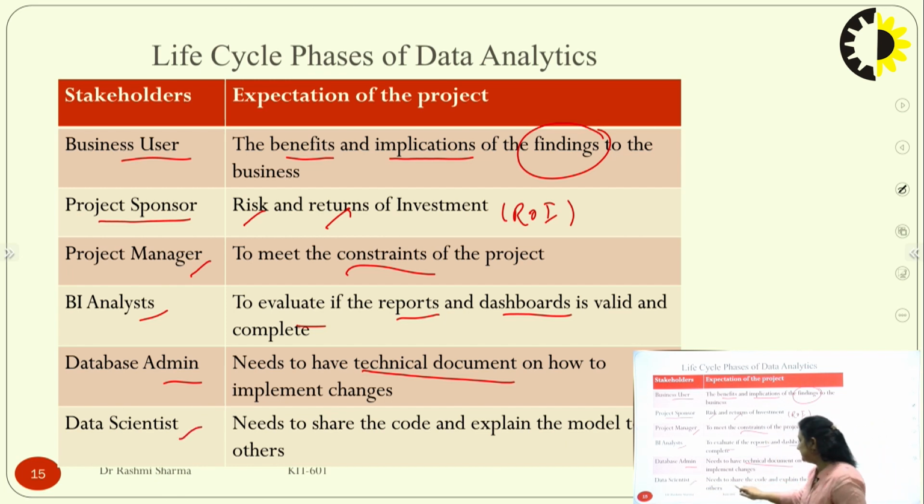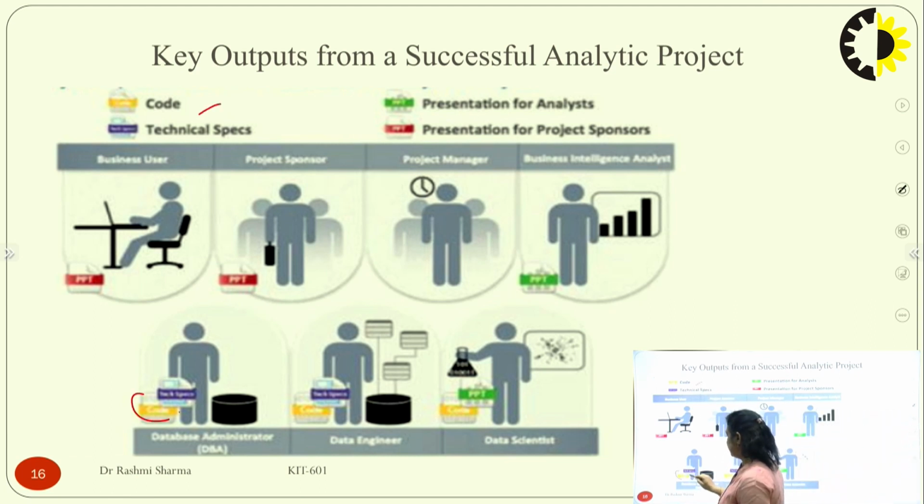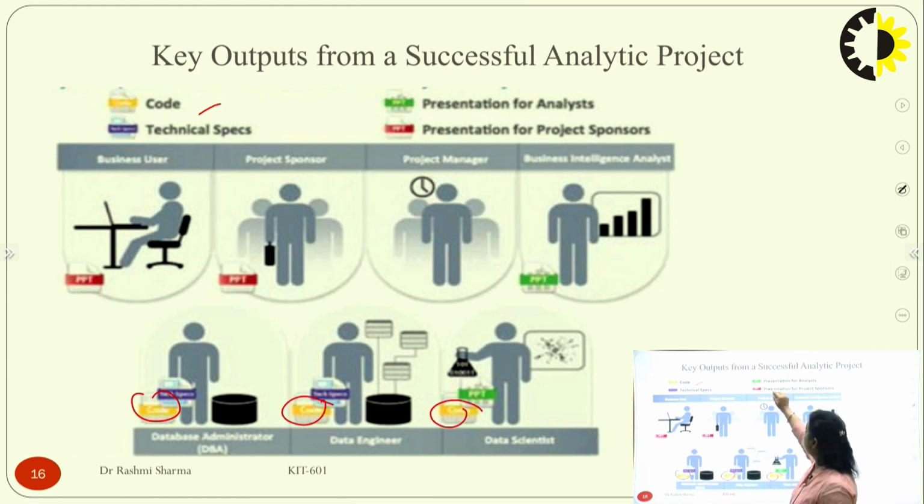Then data scientists need to share the code and explain the model so that we can get the output in the desired manner. Here, which persons are acting in which roles? All the yellow ones are the coders. The green ones are the presentation for the analytics, so this person is acting as a coder and also as the presenter for the analytics.